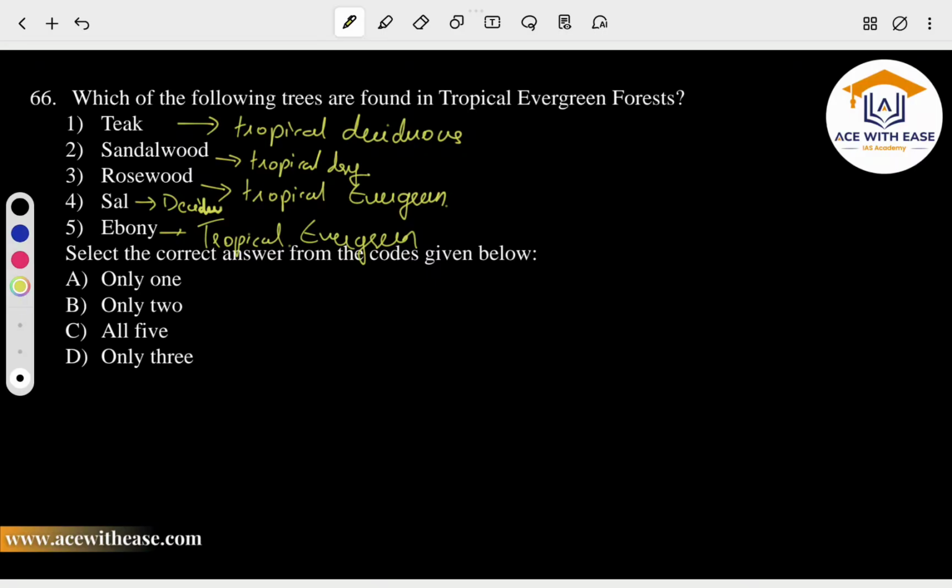So remembering the species and which forest they are present in is a very important concept. Teak is in deciduous, sandalwood in tropical dry, rosewood in tropical evergreen, sal in deciduous, ebony in tropical evergreen. Only 2 out of the 5 belong to the tropical evergreen forests. So the answer here is only 2.